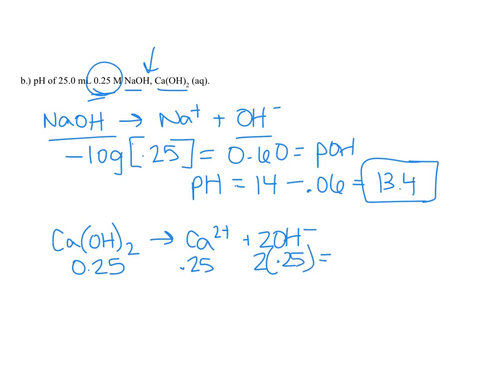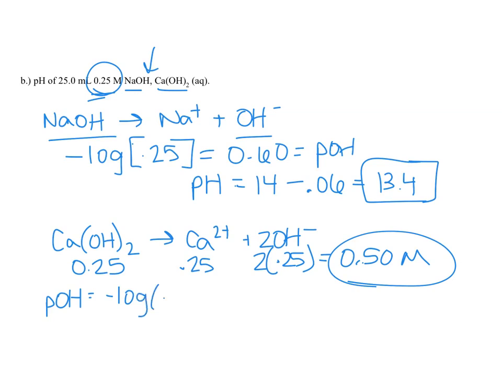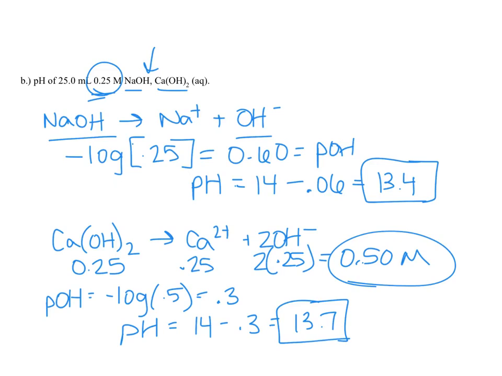So my concentration of hydroxide is actually 0.5. The number that you want to take the negative log of is the number that goes with hydroxide. So my pOH value is going to be the negative log of 0.5. When I take the negative log of that number, that gives me 0.3. To calculate the pH, I have to subtract that number from 14. So my pH is 13.7, which is a very basic pH for a solution.